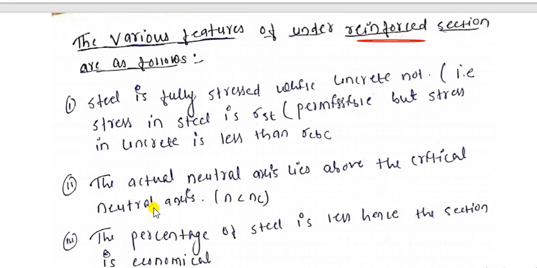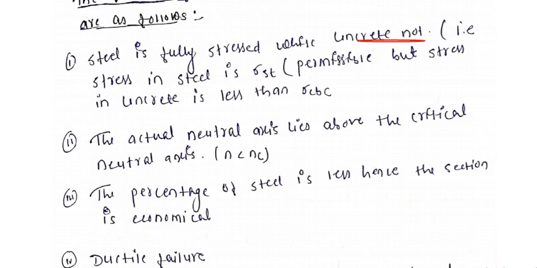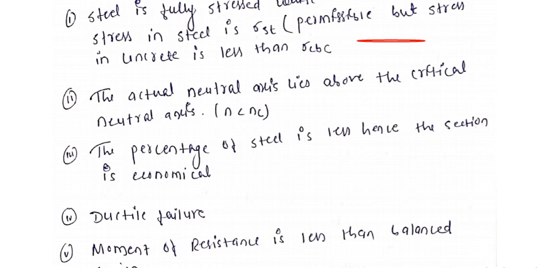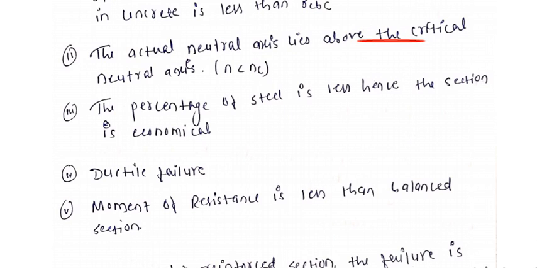I have already told you, because the percentage of steel is less in this type of design. Okay, read and understand. I hope you have understood every point written so far. If you have any doubt, tell me in the comment section.